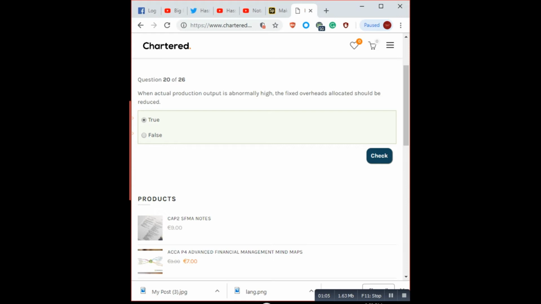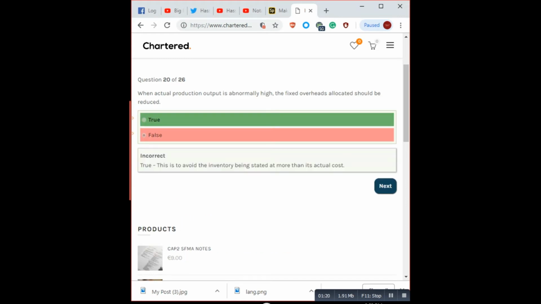True. No, it should be false, because the fixed overheads allocated should not be reduced. It should be apportioned equally. True. This is to avoid the inventory being stated at more than its actual cost.